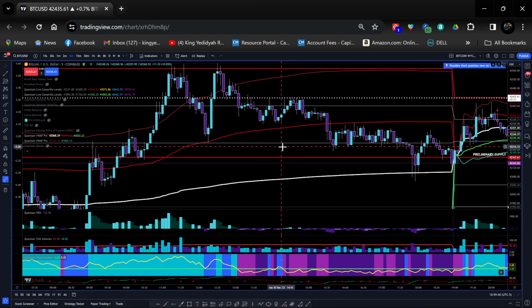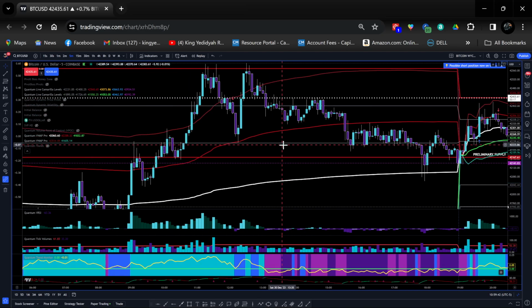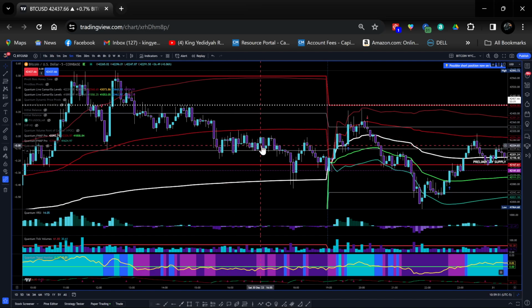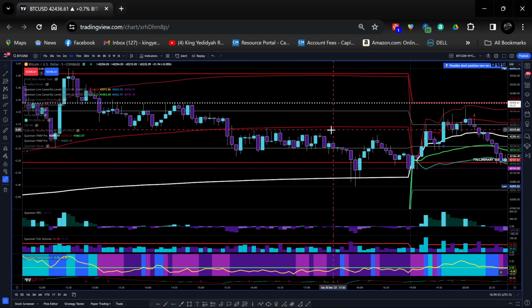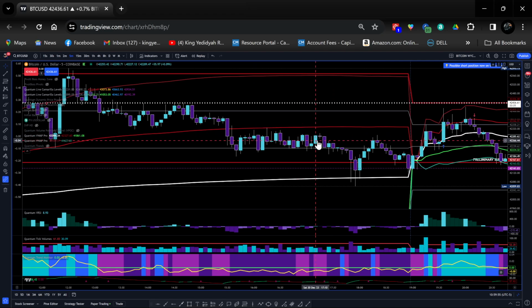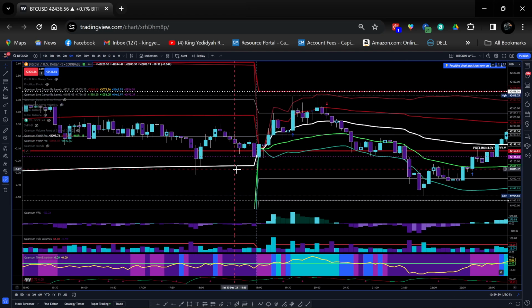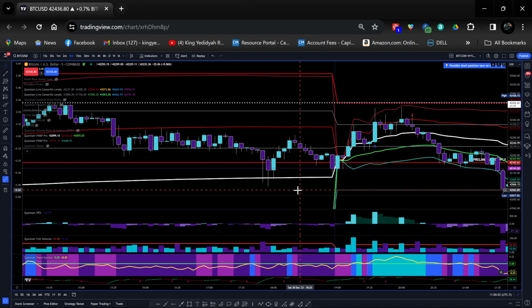Now you can see that the selling isn't really strong, right? Because every time we break these bands, we get somewhat of an auctioning going on here, right? We don't get continuation.